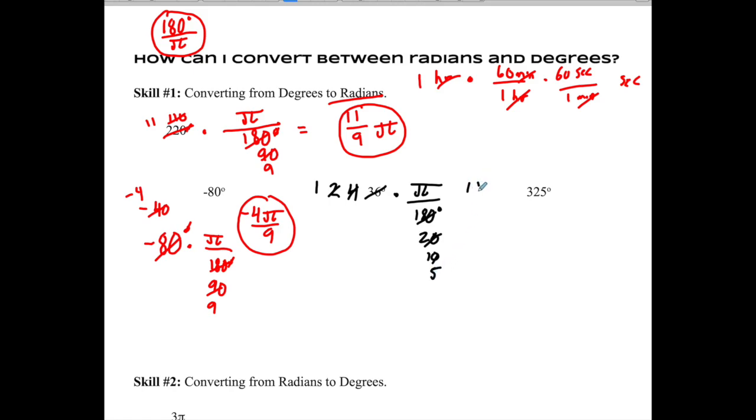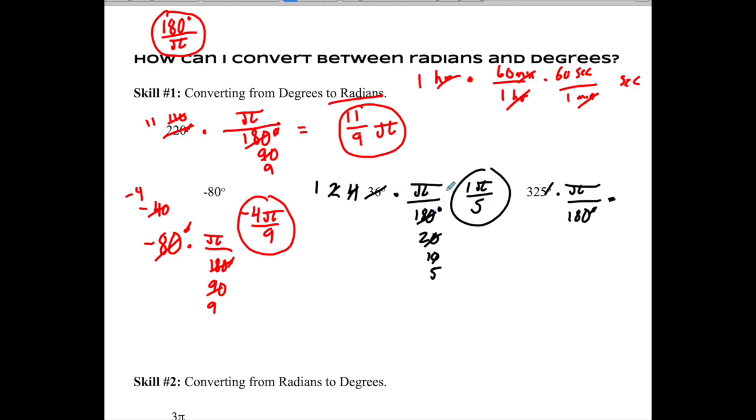So it's 1 pi over 5, or just pi over 5. Again, all we're doing is multiplying by the conversion factor. Pi radians is 180 degrees, which is the same thing as saying 180 degrees is pi radians. Canceling, and then just using fraction simplification.